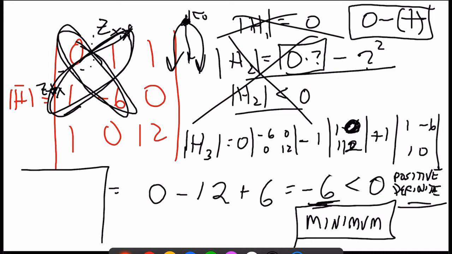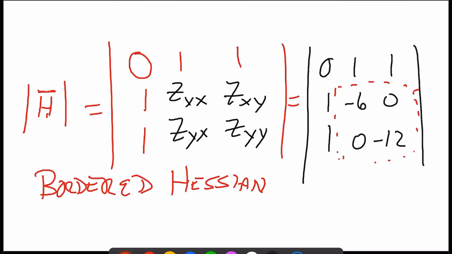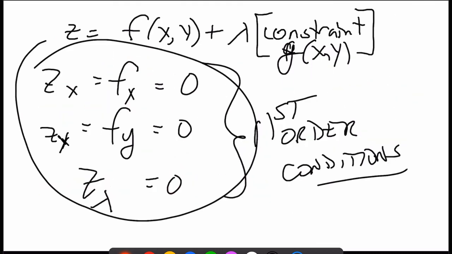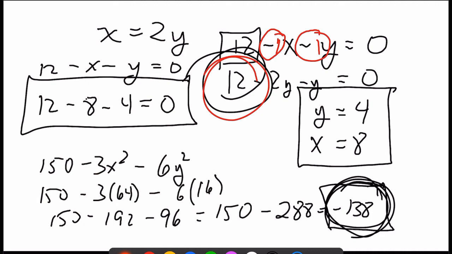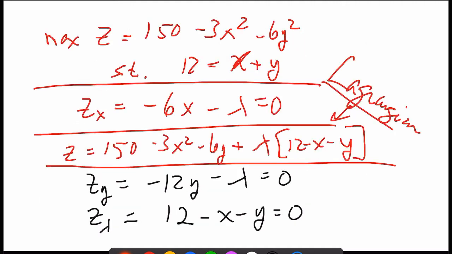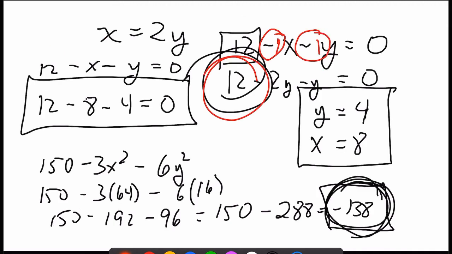Now, what's lambda? x and y are 4 and 8. The minus 12y equals lambda. Y is 4, so lambda equals minus 48.